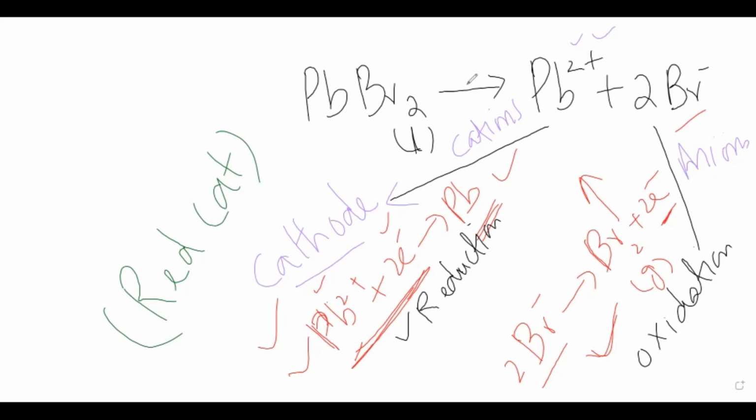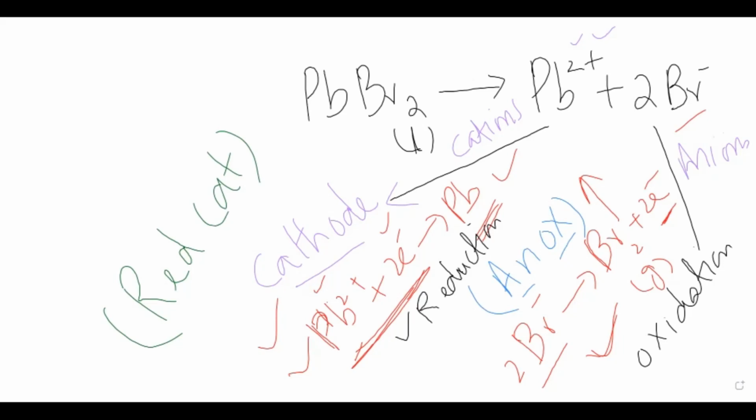We can memorize through these two simple words, red cat. And at the anode, oxidation takes place during electrolysis, so we can write AN OX: AN for anode, OX for oxidation.